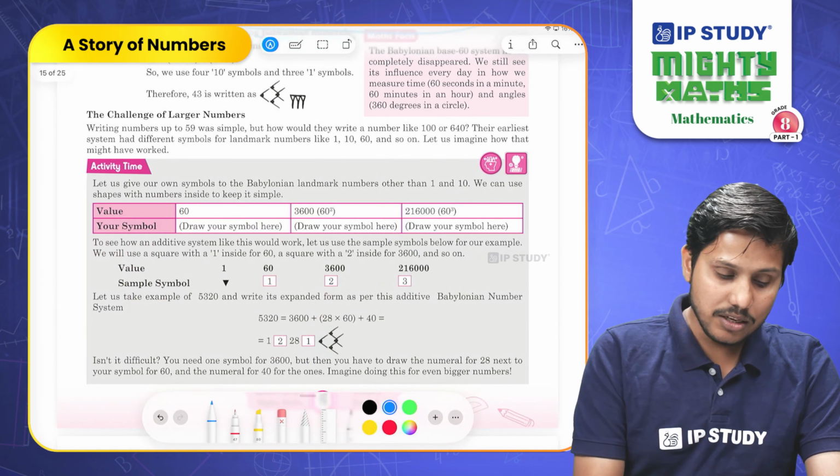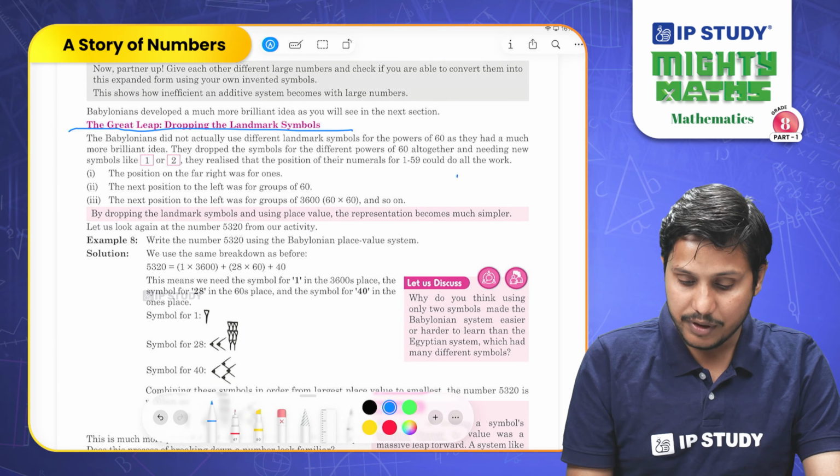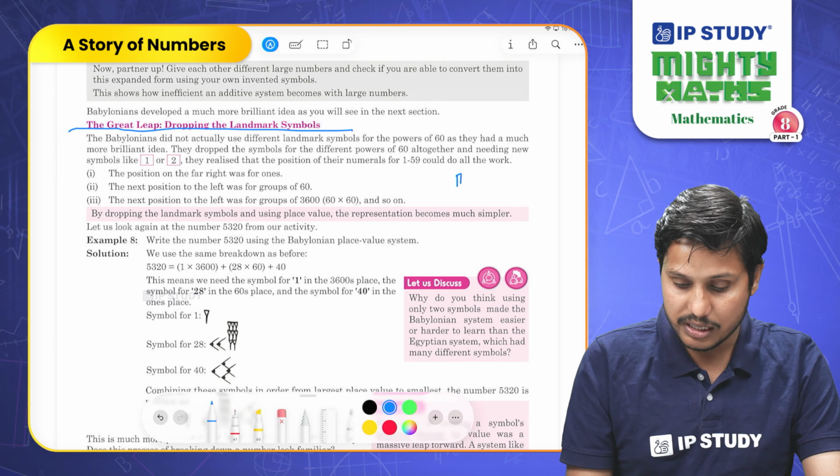For the landmark symbols we may also get confused, like in order to write 60 we have a symbol for 60. So if we use a place value for 60, one is for the ones and the other is for 60, and so on. The place values of this number system were based on 60, like 1 and then 60 and then 3600. So powers of 60 was the main thing that we need to note down.